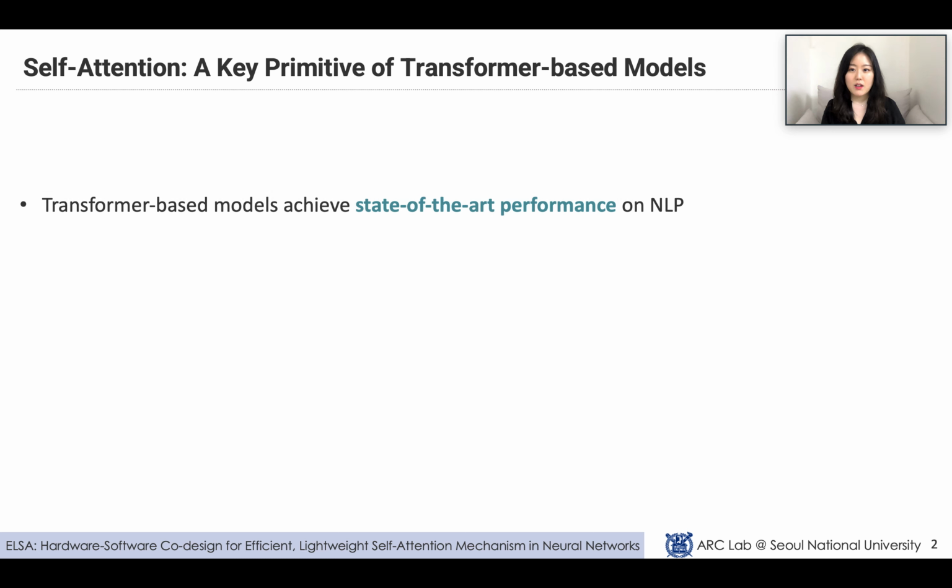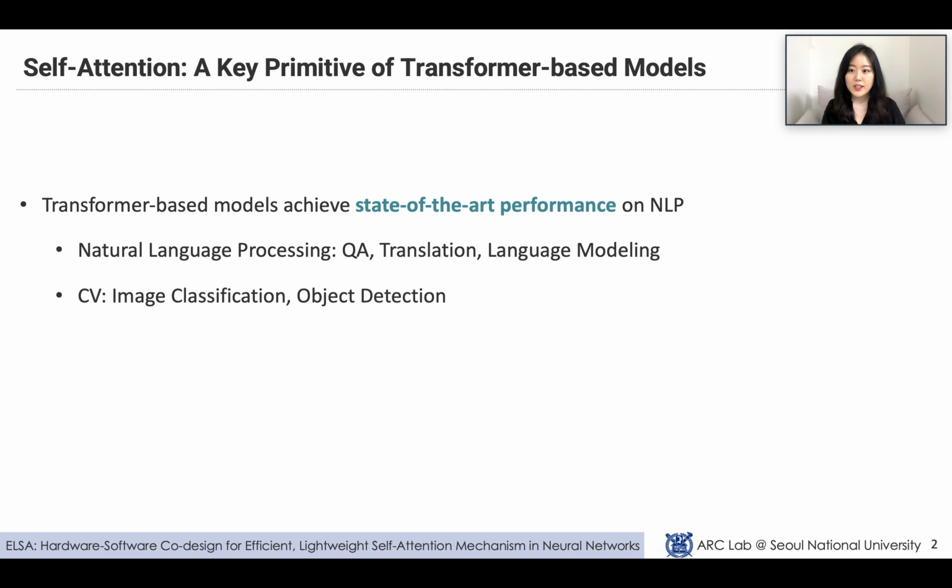Transformer-based models are achieving state-of-the-art performance on various natural language processing tasks such as question answering, translation, language modeling, and so on. Recently, transformer-based models are also being adopted for computer vision tasks such as image classification and object detection as well.